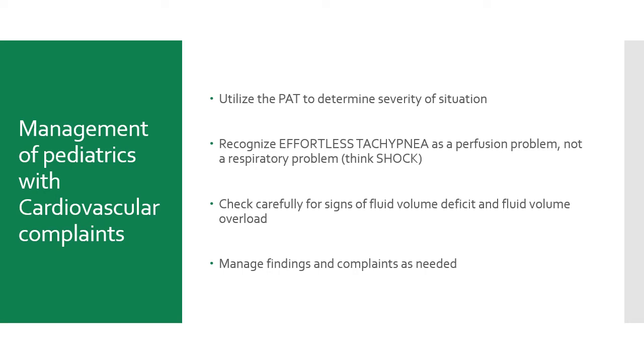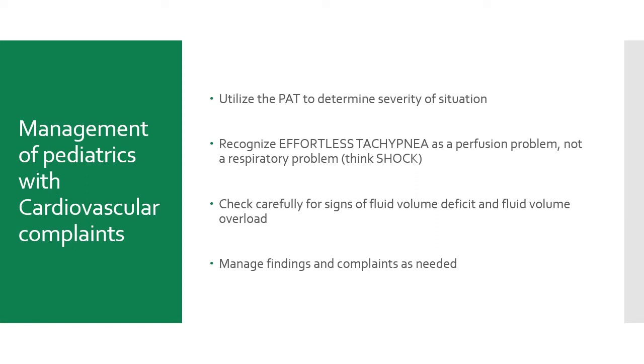And then circulation to skin. For the skin, we're looking for any obvious rashes, changes in color, pallor, cyanosis, mottling. Sick kids with cardiovascular problems usually present with an altered appearance, effortless tachypnea with no increased work of breathing, and pallor or mottling. So I want you to make some sort of a flashcard or something for yourself that says effortless tachypnea is an indication of shock.